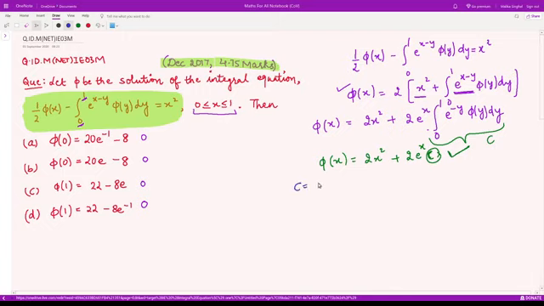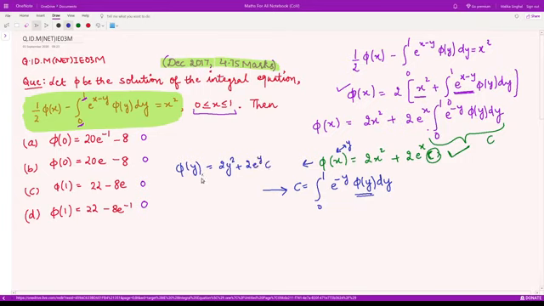So what is c over here? C is equal to integration from 0 to 1 e to the power minus y phi of y dy. Now here I have to substitute the value of phi of y in order to calculate this c. So what is our phi of y? So phi of y could be obtained from here. If I change the variable x to y, I have this phi of y which is equal to 2y square plus 2 e to the power y into c.